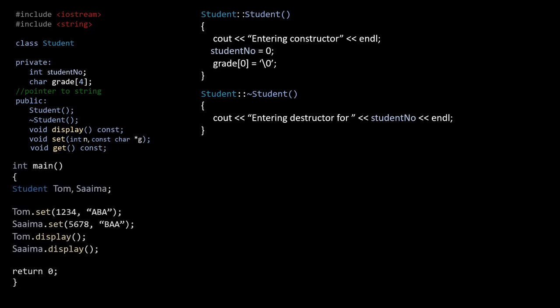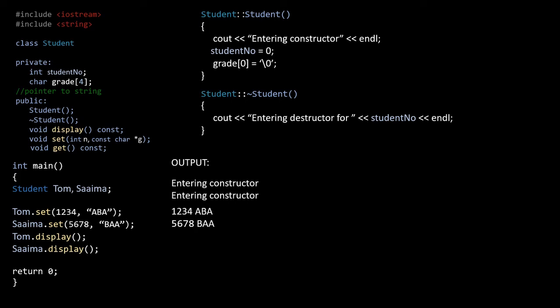So if we instantiate two objects, Tom and Sima, and we call our setters and then the display functions, have a look at the output. First off, for each object we've instantiated, we have entering constructor. Then from the set function, you can see that we've output the student number and the grades for each object.